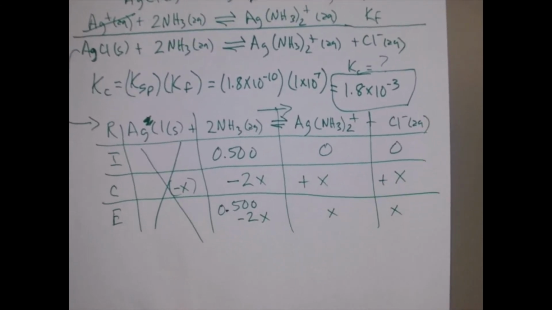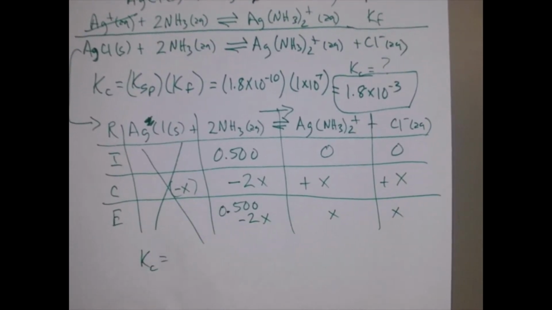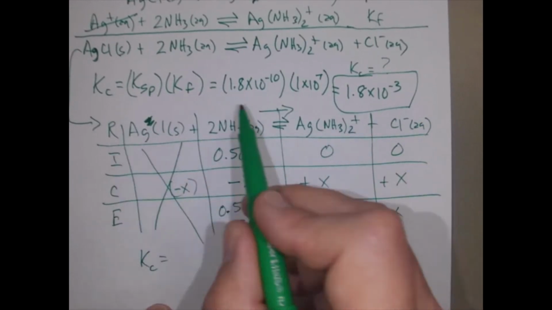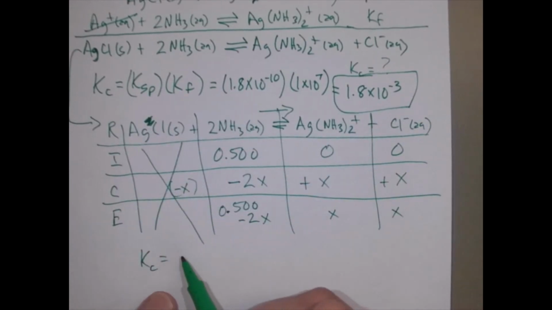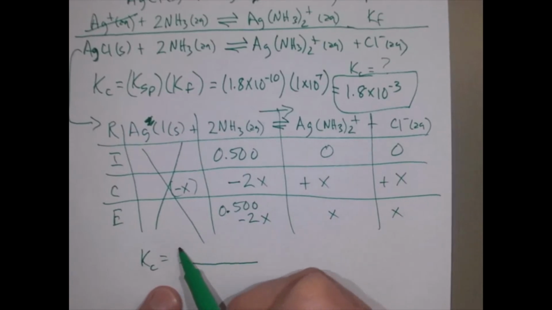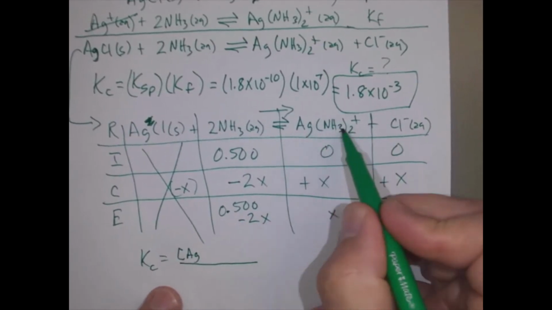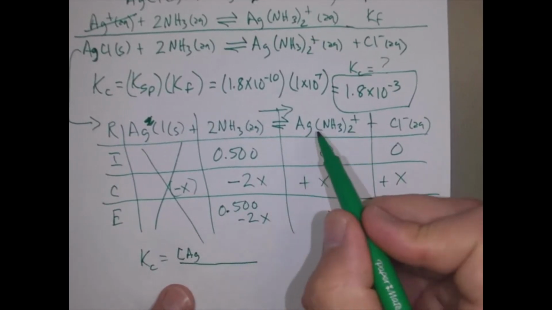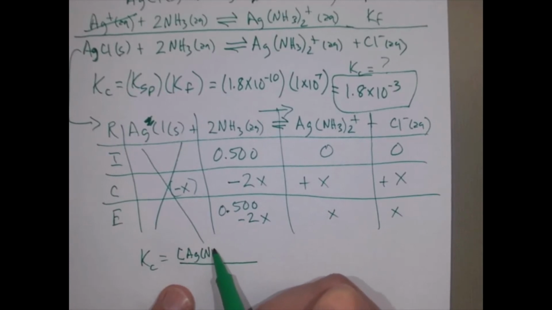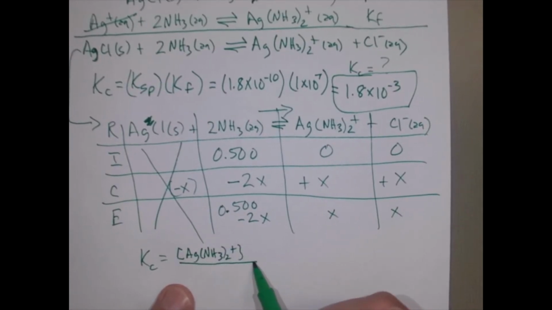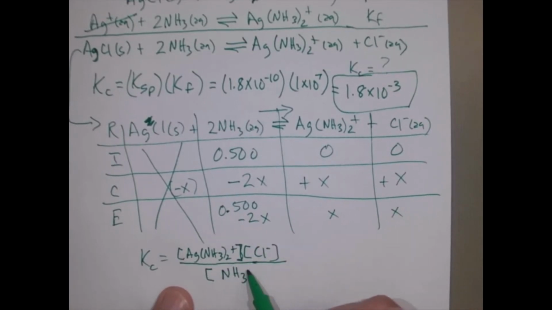Now we can substitute that into an expression for this equilibrium constant that I just determined. That would be the products over reactants, where coefficients become exponents, and we leave out solids and pure liquids. In the numerator, I'm going to have the concentration of the silver ammonia complex ion times the concentration of the chloride ion, over the concentration of ammonia squared.